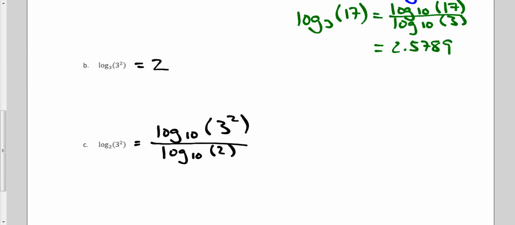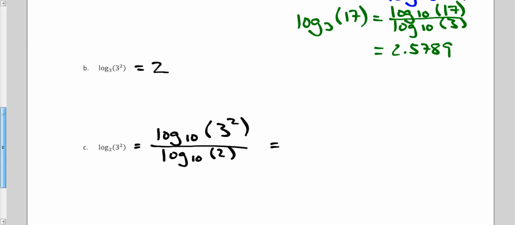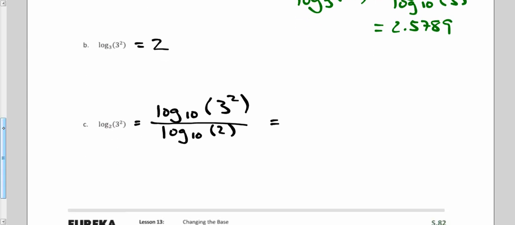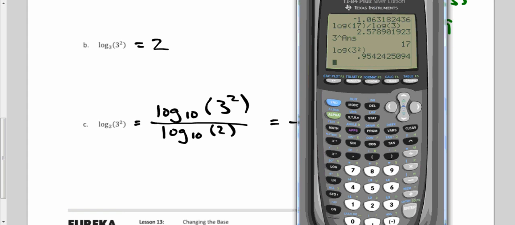I've already done log base 10 of 3 squared. That answer is right there, 0.9542. So 0.9542 divided by log base 10 of 2. I haven't done that one yet, so I need to do that one.